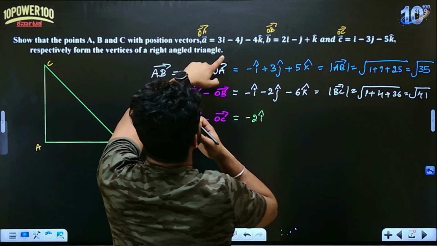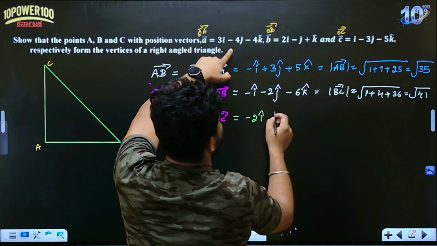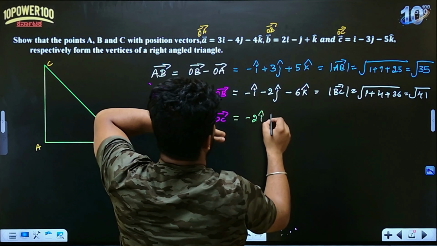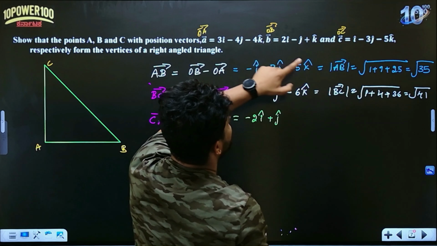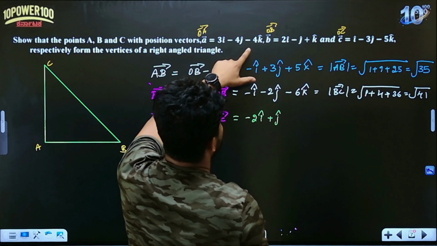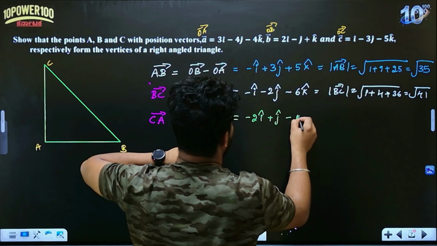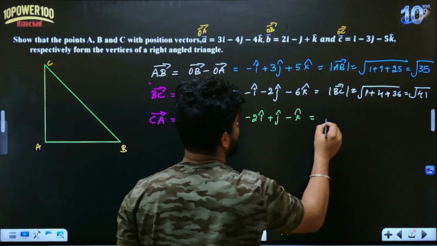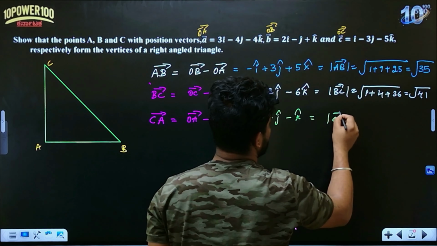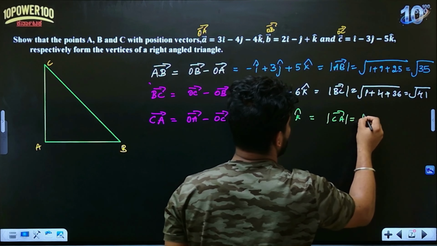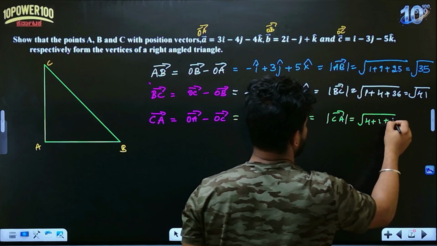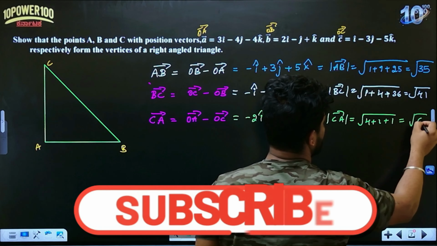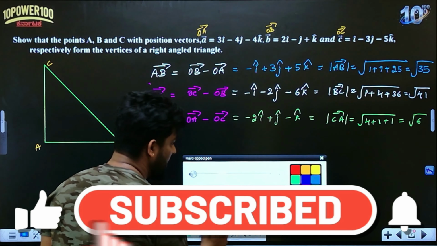Next minus 3 plus 4 is plus j cap. Next minus 5 plus 4, it is minus k cap. So next magnitude of vector CA is equal to 4 plus 1 plus 1, the answer is root 6.